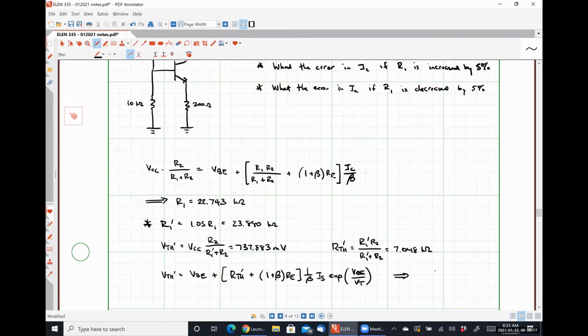Solving this for VBE gave me 687.699 millivolts.